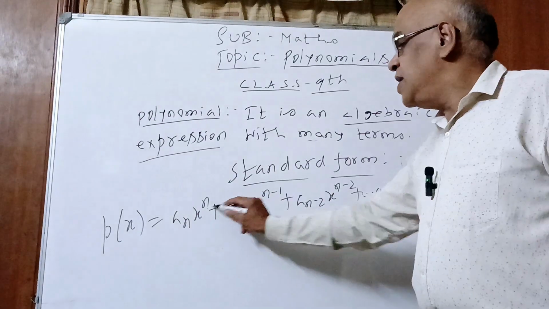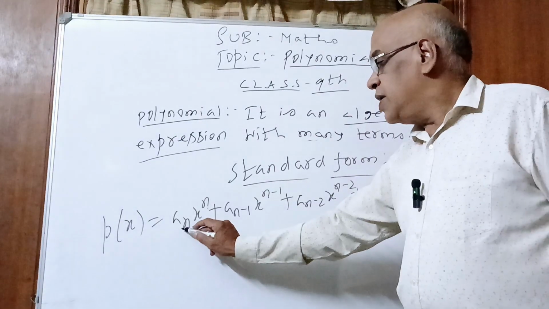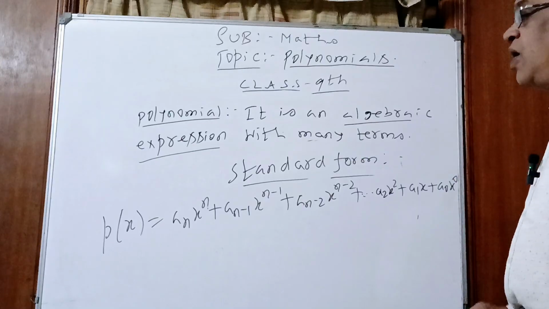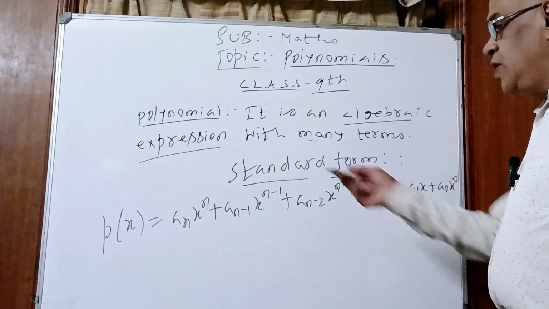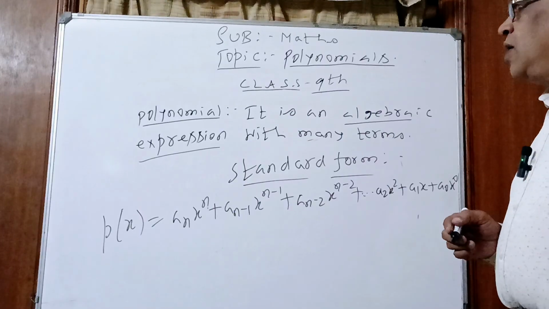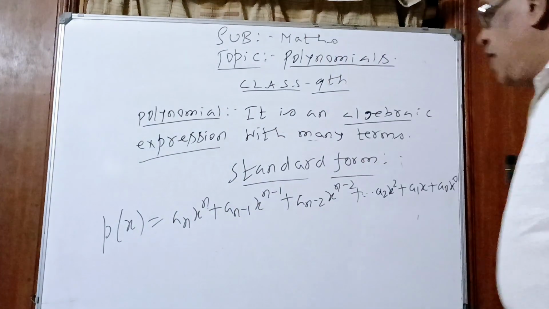Then a_(n minus 1), a_(n minus 2), a_2, a_1, a_0 are all coefficients of the variable. Understood, children? This is the standard form of a polynomial in x, which is the variable.